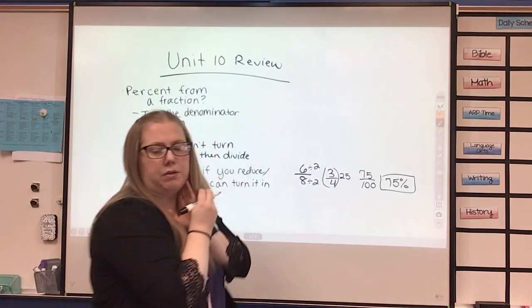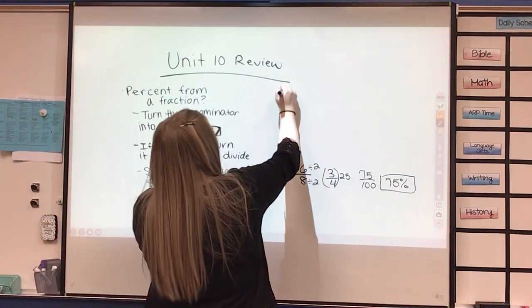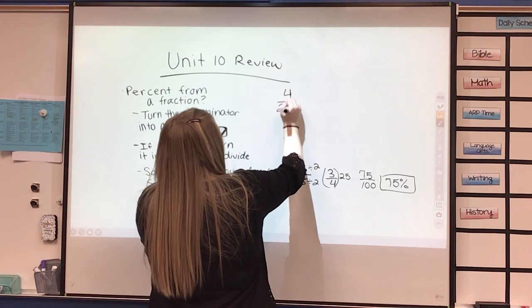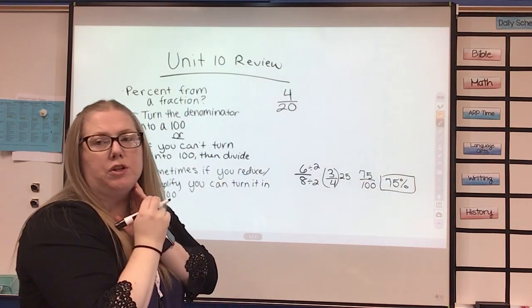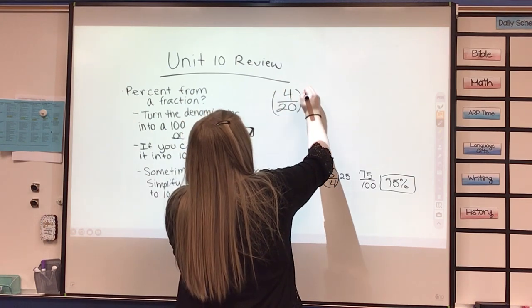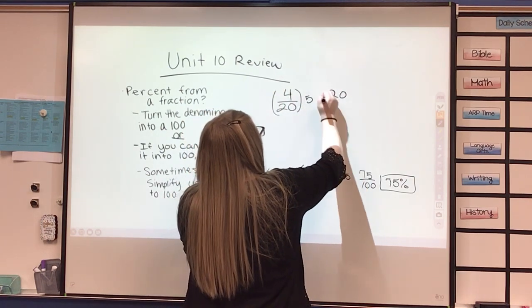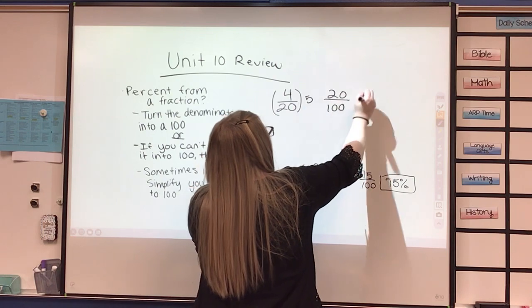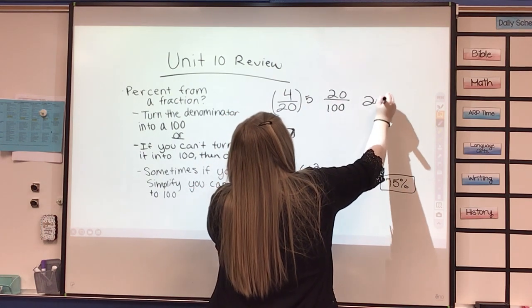So if I have 4/20, I am then going to multiply by 5 to turn 20 into 100. So now I have 20 over 100, which is 20%.